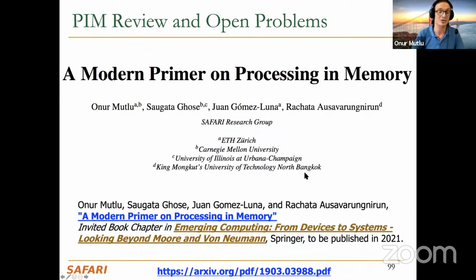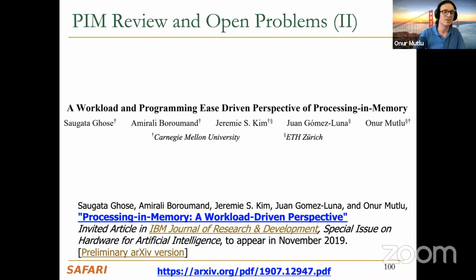So if you're interested, you can read about this as well, or watch the longer talks that I mentioned. And there are other review papers that we have written that focus on different aspects of processing in memory. This was, for example, published in IBM Journal of Research and Development in their special issue for hardware for artificial intelligence. But you can also take a look at these other papers.